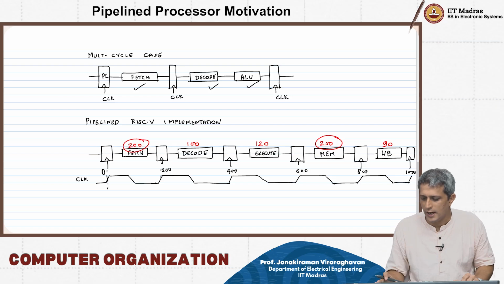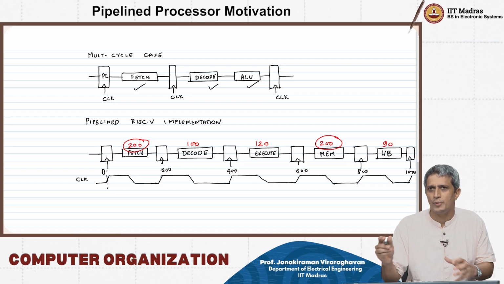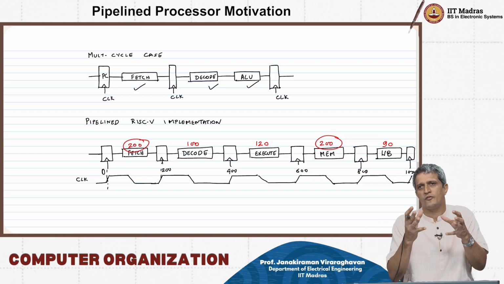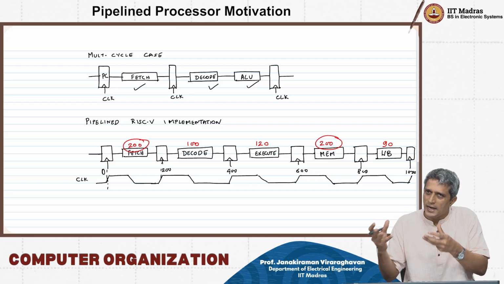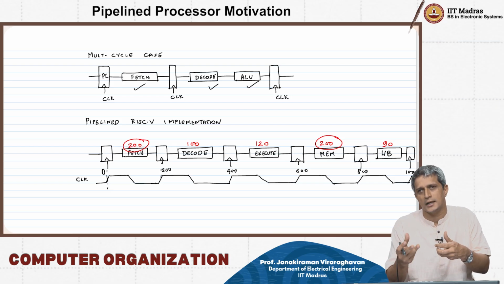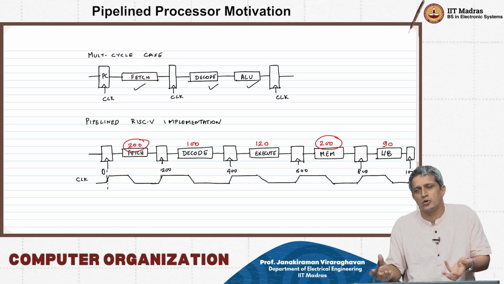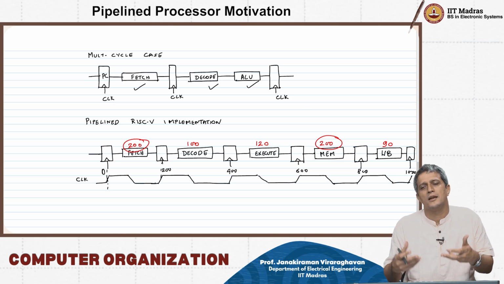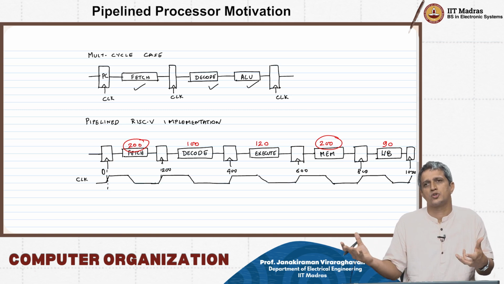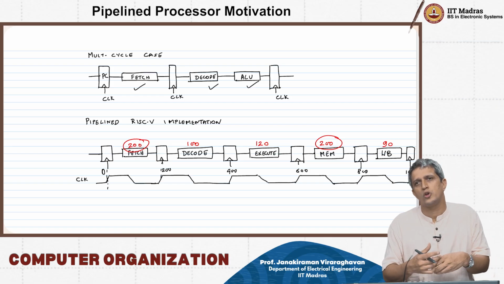But because some blocks are much faster than the others, you will end up wasting some time idling. For example, the write back may happen very quickly, 90 picoseconds you're done, but then what do you do? The clock has to be determined by the slowest block and therefore you have to wait.